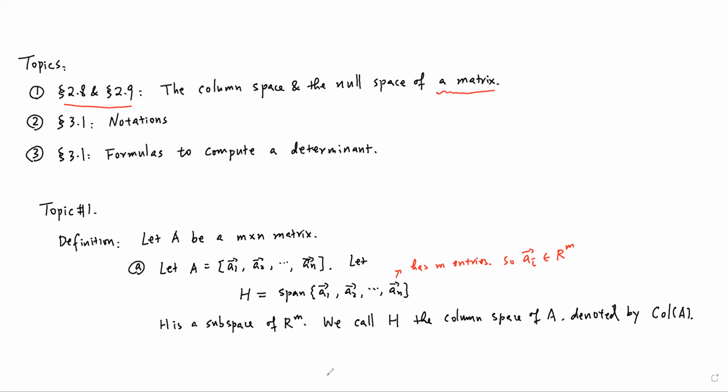Now the second subspace is called the null space. Let H be the set of all the solutions of this linear system, Ax = 0.